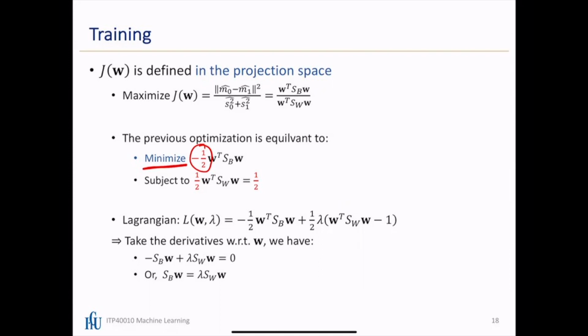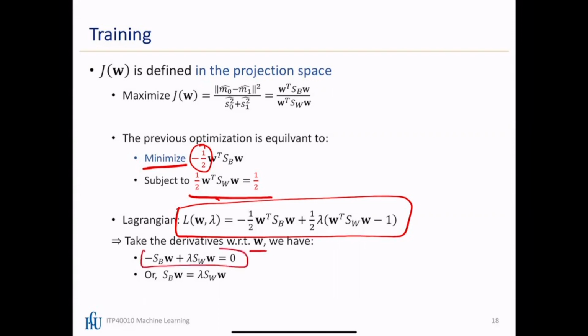And since we put a coefficient in front of our goal function, we can adjust this constraint as well, and eventually we can write things down in this way. If you take the derivative of this Lagrangian to get the minimum, taking the derivative with respect to w that we want to find, you can come up with this simpler equation. And this simpler equation can be rewritten in this way: S_B w = lambda S_W w.